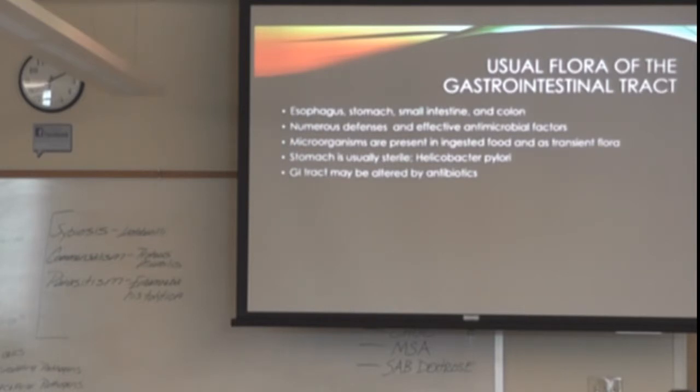The stomach is usually going to be sterile because of the pH, but one particular bacterium can get in. Have you guys heard of this one in 2010, Helicobacter pylori? That one is indicative of ulcers, and if it's left untreated, a lot of times people end up getting stomach cancer with this one.